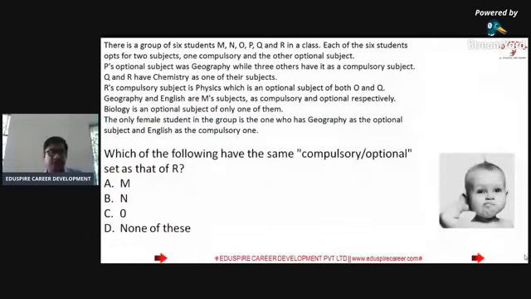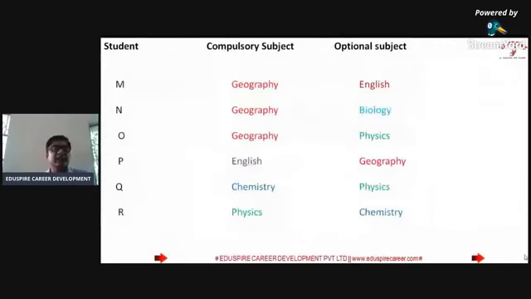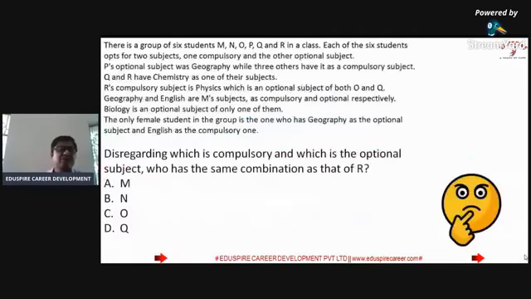Coming to the next one, disregarding which is compulsory and which is optional subject, who has the same combination as that of R? If we go by the table, we have the same combination in case of R and Q. So Q has the same combination as R. So here option D, Q will be the correct answer.